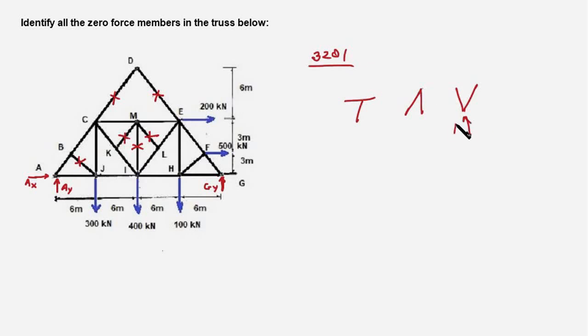This is an external force and this is a joint, so this member would be a zero force member. Similarly here, if the force is like this, then this member would be a zero force member as per rule number 3. In short, I would look for this kind of a pattern, a T or a V.